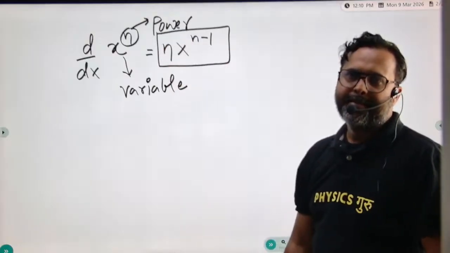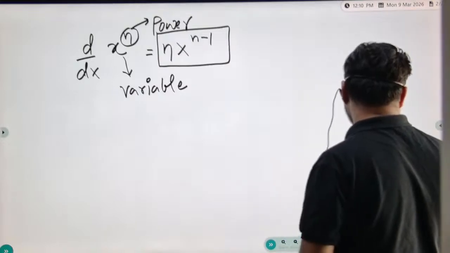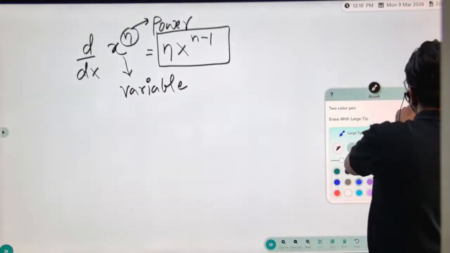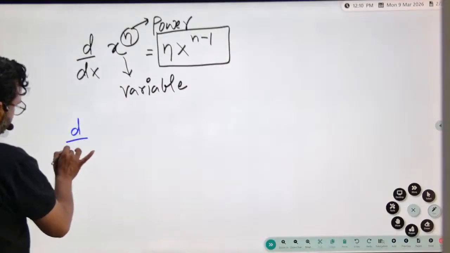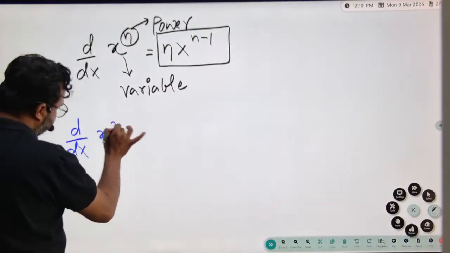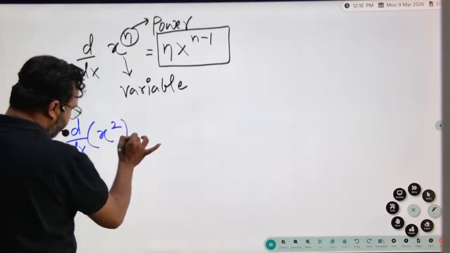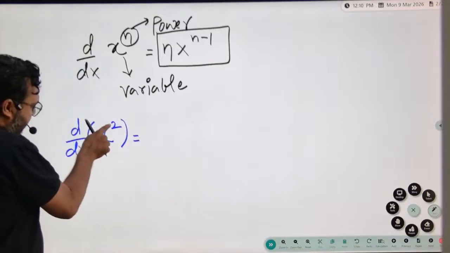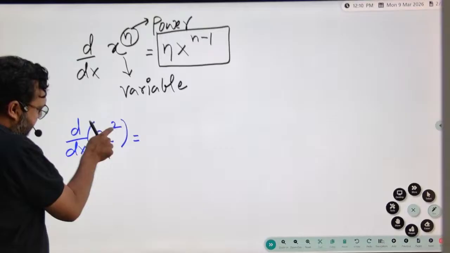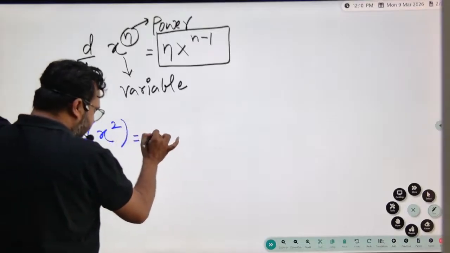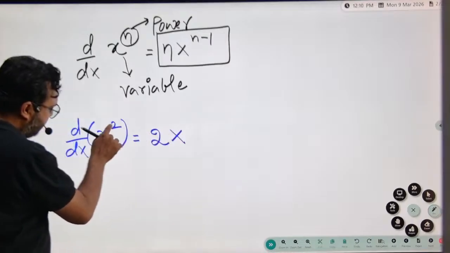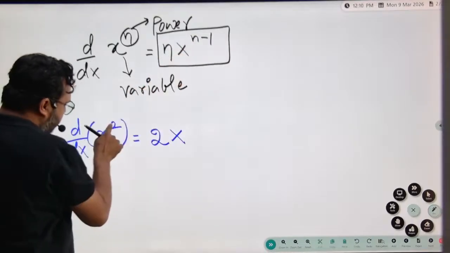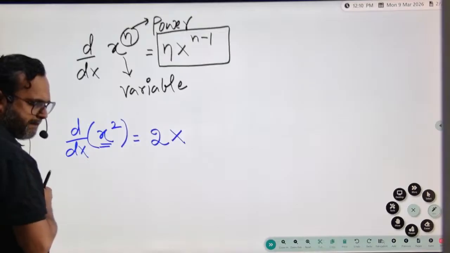I repeat. See this example, d by dx of x square. What is the power here? 2. So first we write 2, then we write x, then power minus 1. What is 2 minus 1?